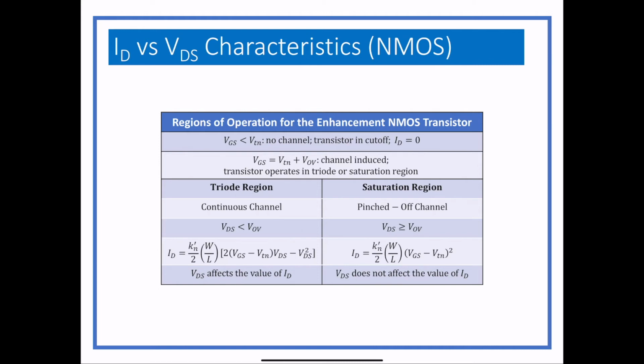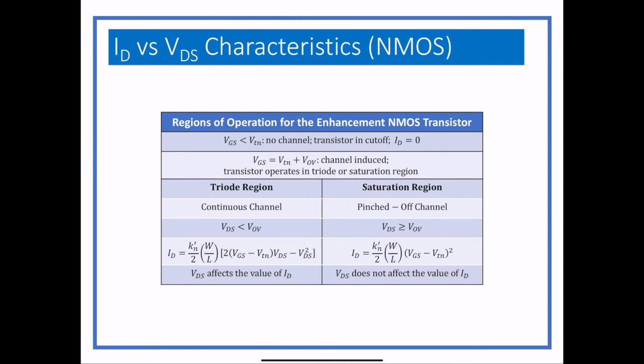That's where you have a channel that's open all the time. The value of VDS does affect the drain current, and VDS is always going to be less than the overdrive voltage. In the saturation region, you'll notice that the ID equation does not include VDS anywhere because it doesn't depend on VDS anymore. It depends on the value of VGS and the threshold voltage.